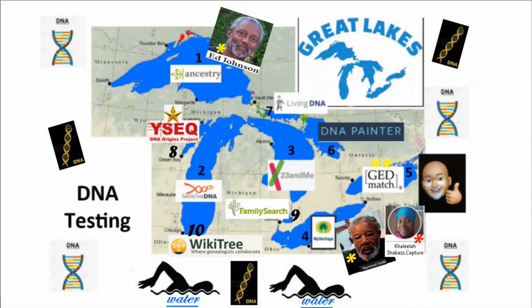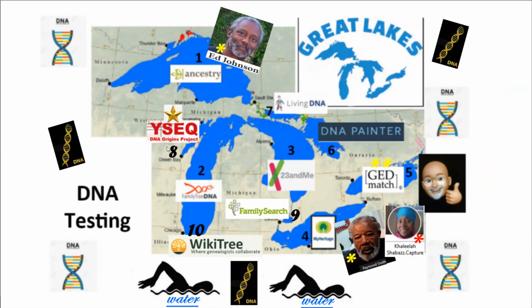If you Google either one of those terms, this should come up. And Y-Seq allows you to take your DNA from MyHeritage, from Ancestry, from 23andMe. You can plug it into this database, into this platform. And if you've got a male relative that you want to find out his Y-DNA information on at no cost, Y-Seq will allow you to do that.